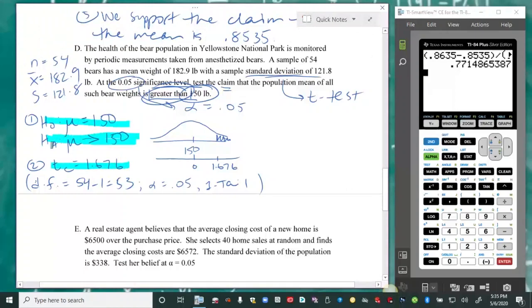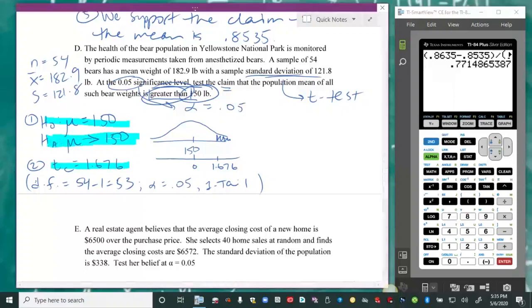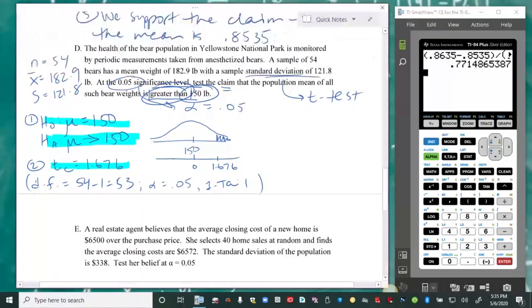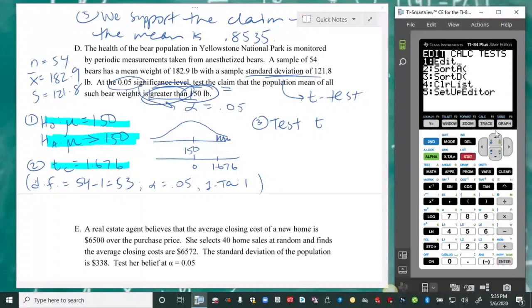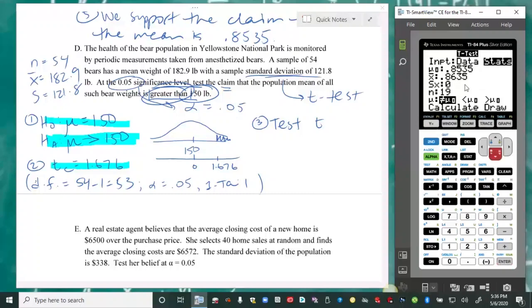The next step is my test value. And I'm going to use the calculator to do this just because it's too easy, right? So step number 3, I want my test t. So I go over to stat and then tests. This time I want a t-test of the mean, so I want number 2. I do not have raw data, so I'm going to go ahead and keep it on statistics. My hypothesized mean is 150 this time.